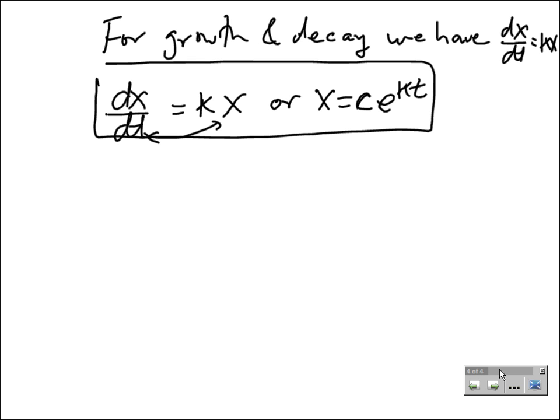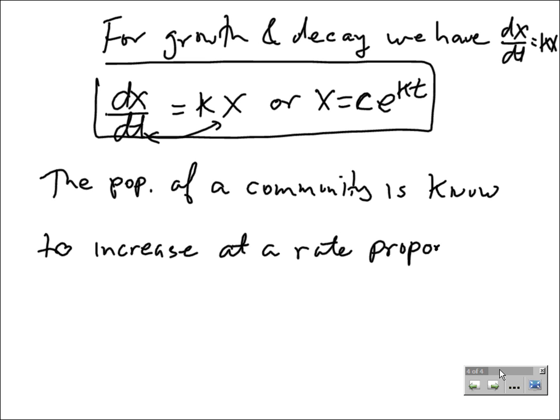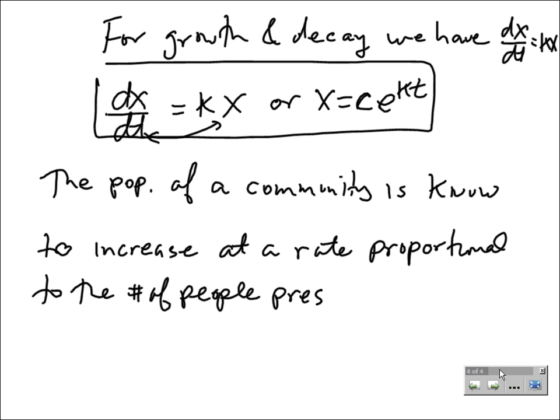So it really should say something like this. The population of a community is known to increase at a rate proportional to the number of people present at time t.